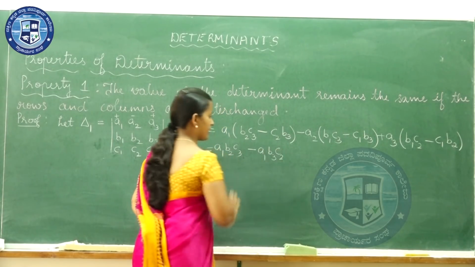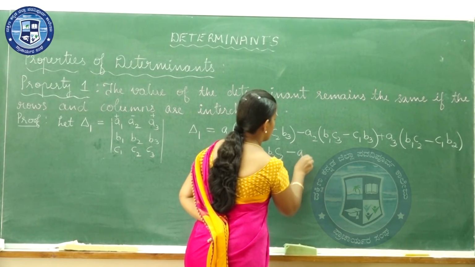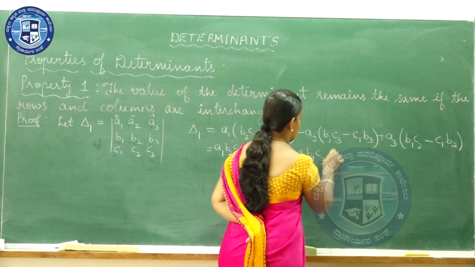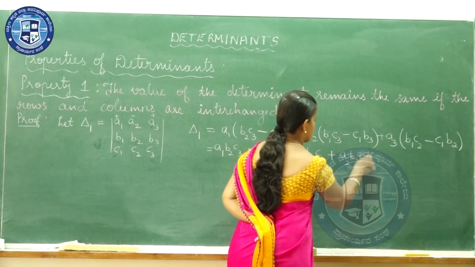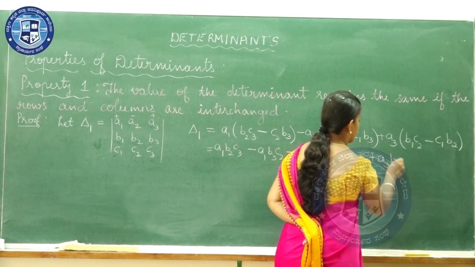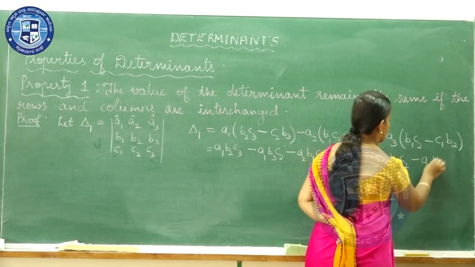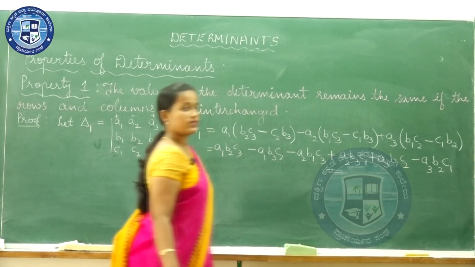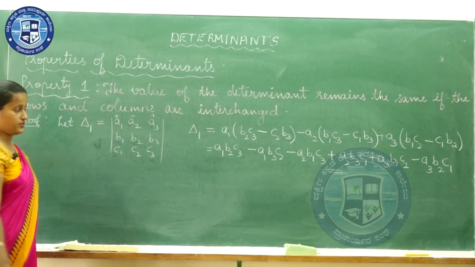So A, B, C, I am writing it in order, minus A2, B1, C3, minus into minus, plus A2, B3, C1 plus A3 B1 C2 minus A3 B2 C1. So keep it aside. So this is delta 1, that is the determinant of this matrix.